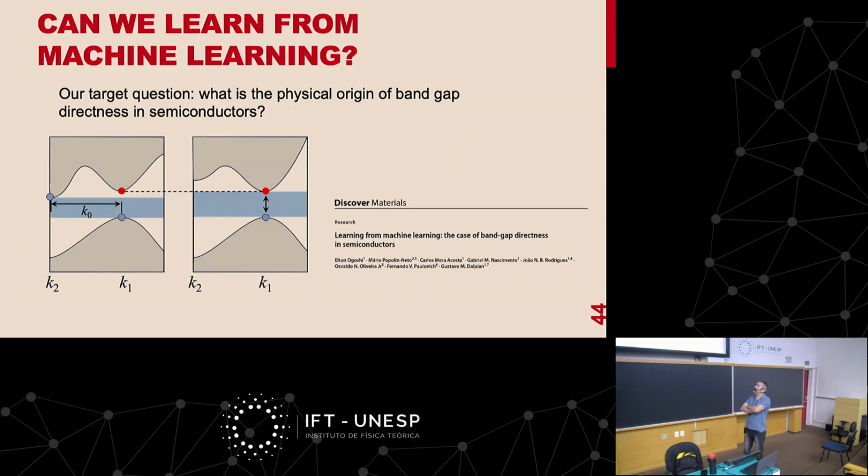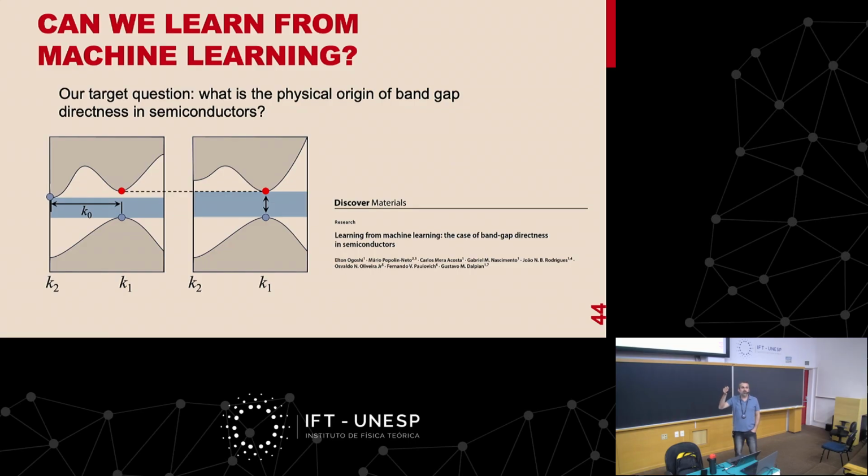And then we decided to analyze a very basic problem in condensed matter, okay? So every time you have a semiconductor, what is a semiconductor? A semiconductor has a band gap, that is the energy difference between filled and empty states.